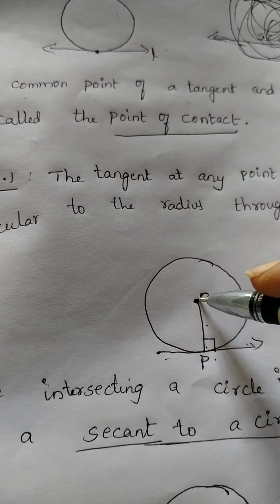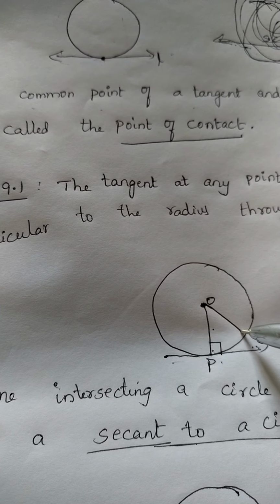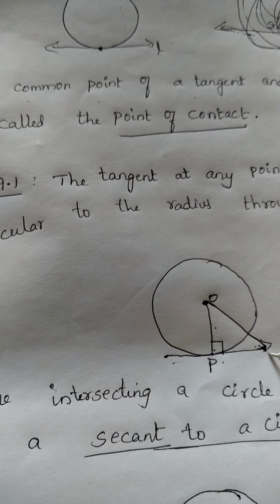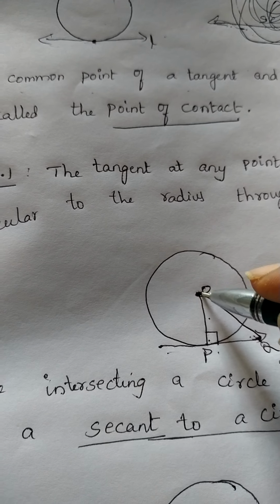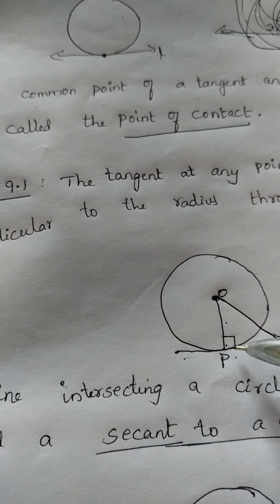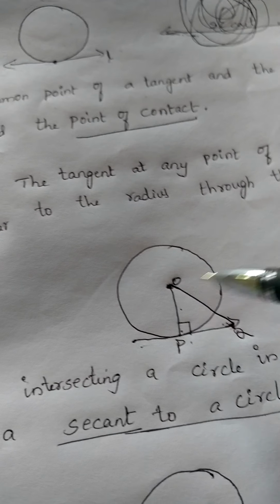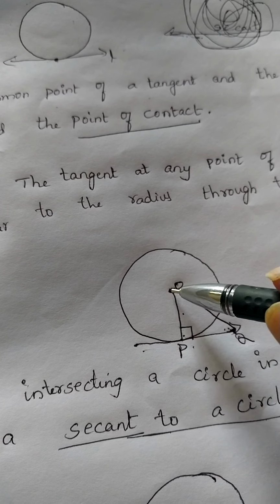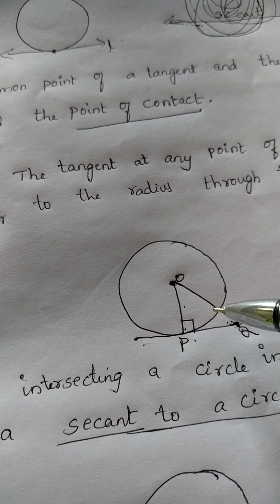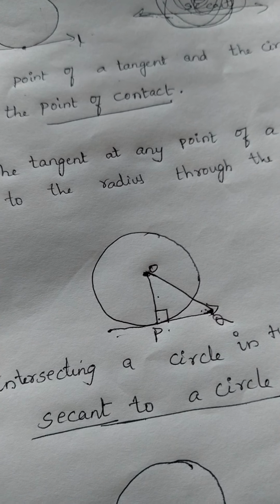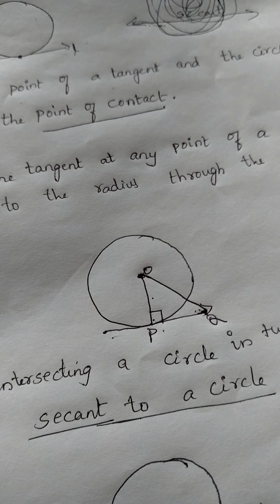Here we can observe that if you take a point on the line, another point which is away from the radius, and you observe this triangle, this is a right angle triangle, right? We can use this theorem for finding the length of the tangent. Which theorem can we use here? Pythagoras theorem.